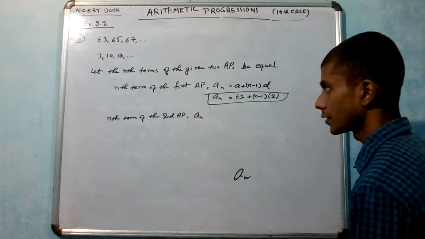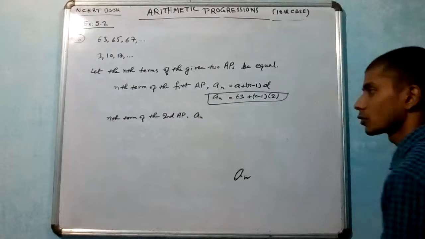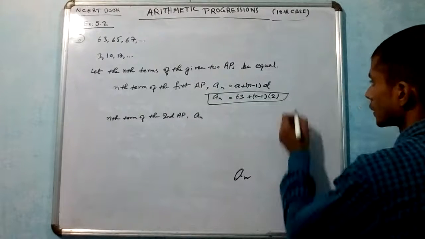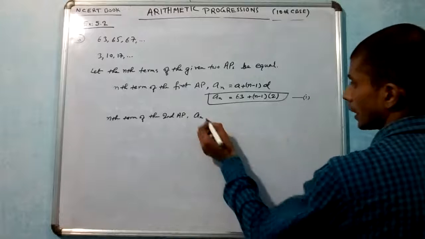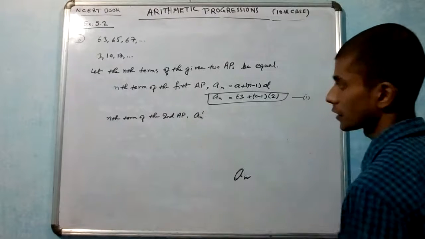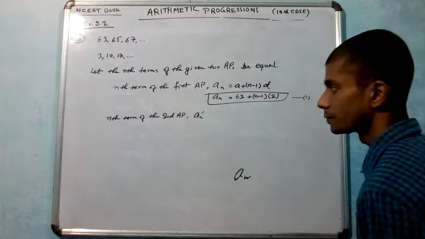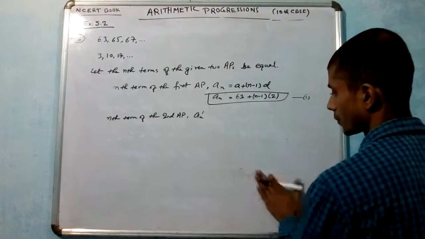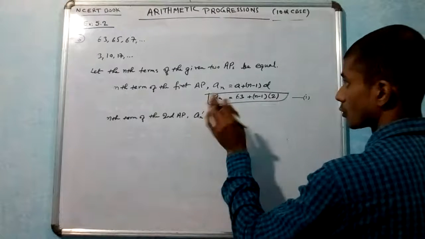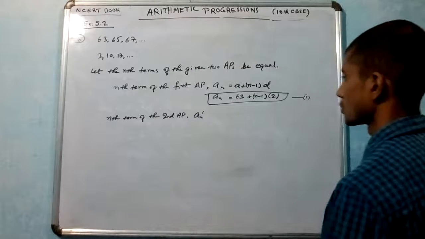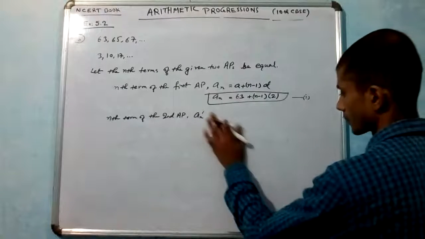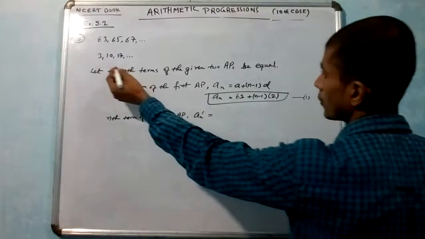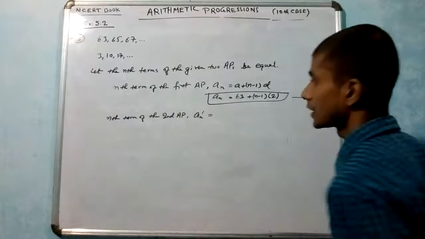Yes, we can write it, or we need not, both are okay. Let us write an dash, just to make a little difference so that we can present it. Don't use capital A, use dash here, okay?